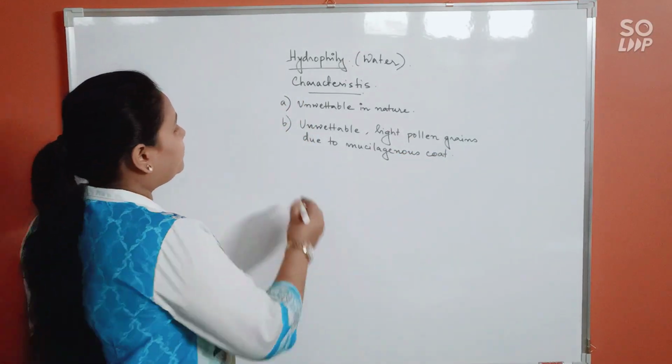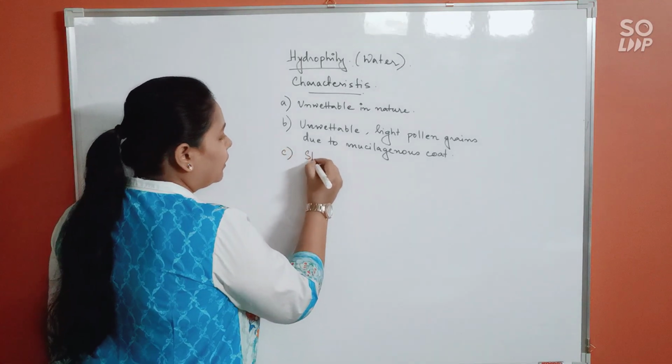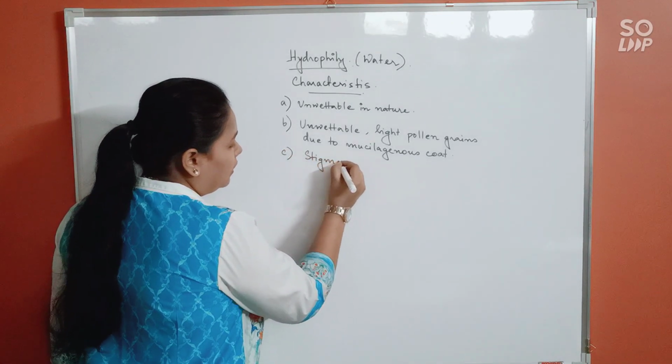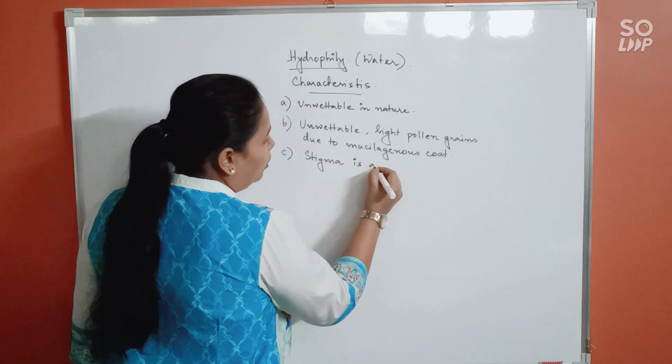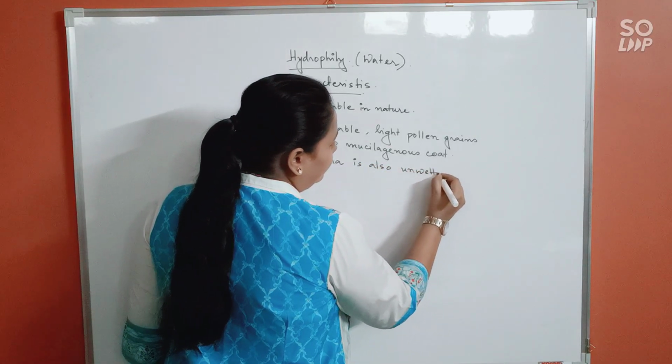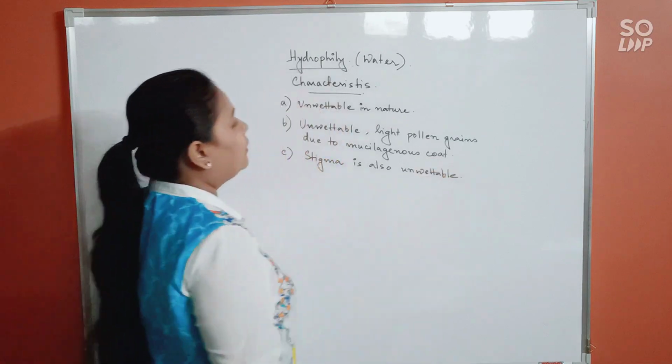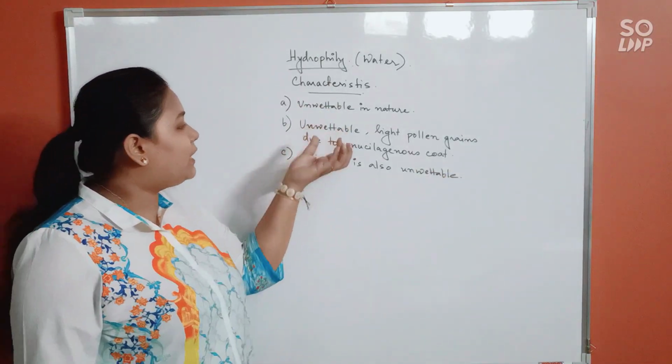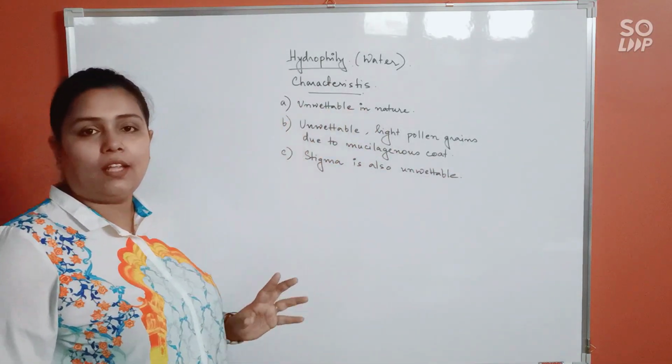The stigma is also unwettable. So mainly it's unwettable, that's mostly seen in the flower.